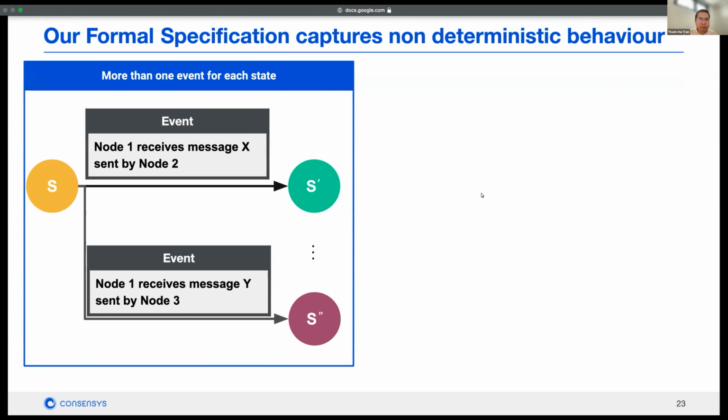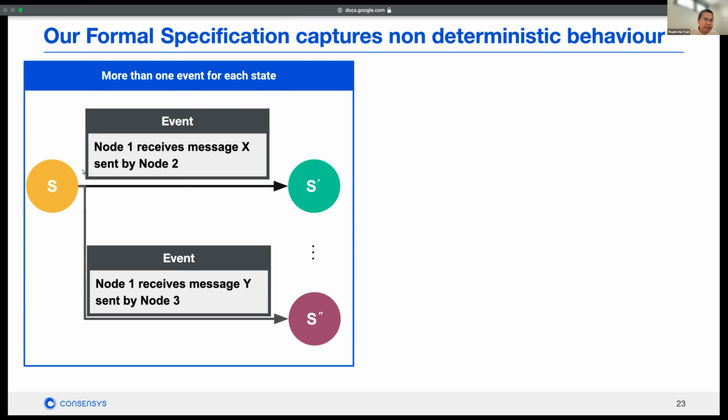Importantly, our formal specification captures non-deterministic behavior. In our model, there are two sources of non-deterministic behavior. The first one is that more than one event can be triggered in one state.